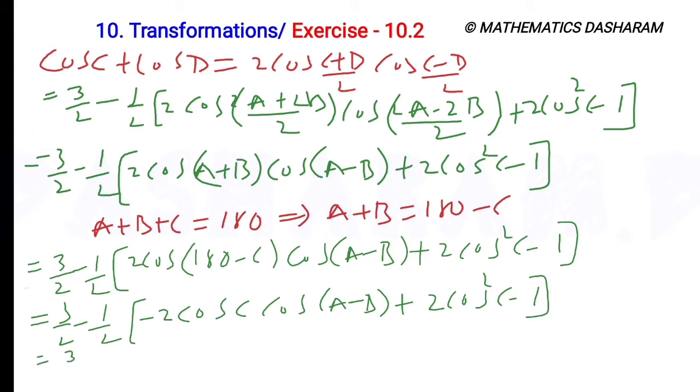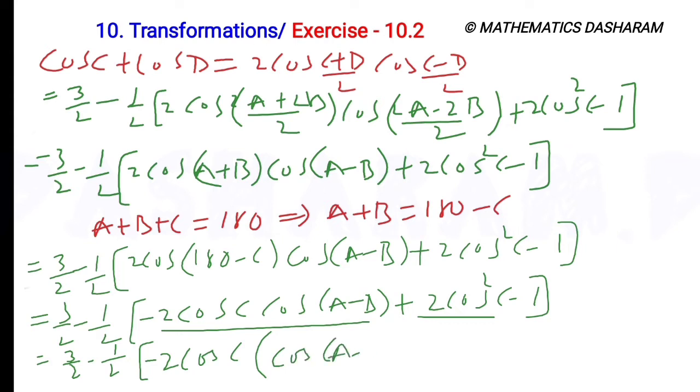So it is equal to 3 by 2 minus 1 by 2. From these two terms we can take minus 2 cos C common. So minus 2 cos C, here bracket, cos (A minus B), and here the plus will become minus cos C, bracket close, minus 1.